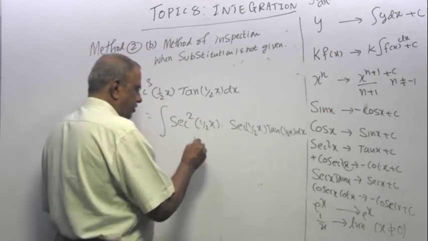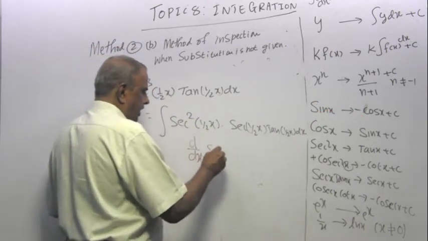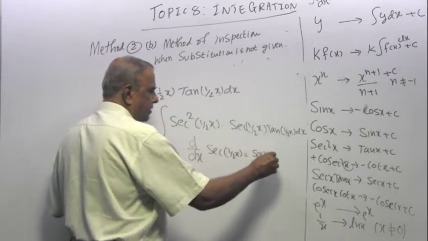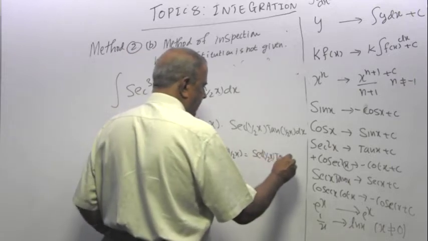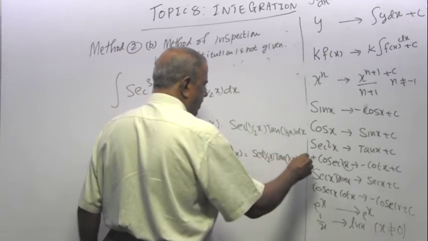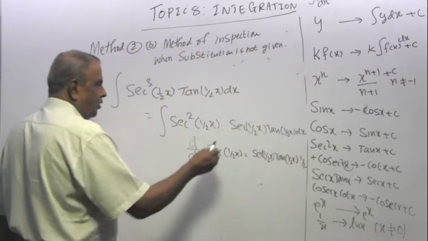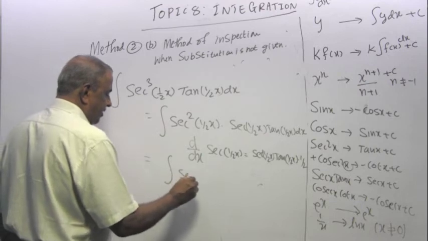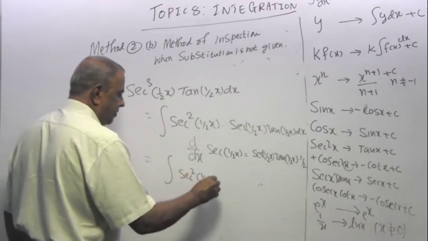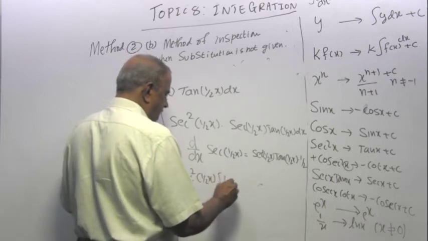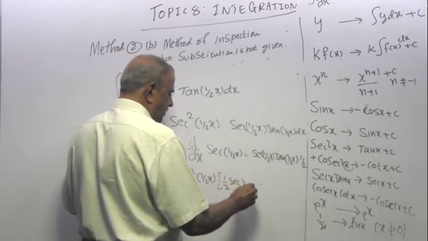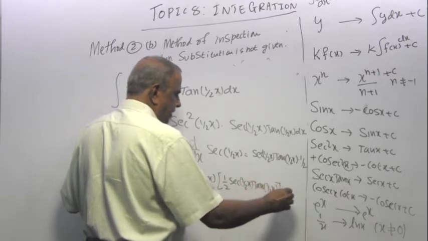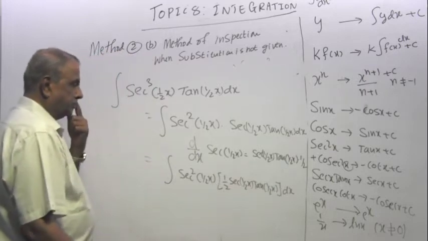So d by dx of sec half x is sec half x times tan half x times half. What's missing here? A half. So write it as integral sec squared half x times a half sec half x tan half x dx. Okay?